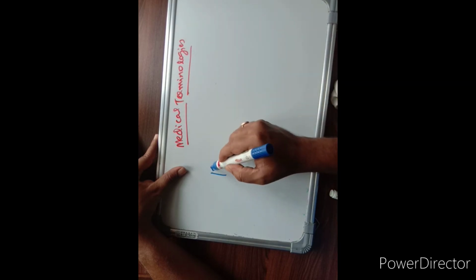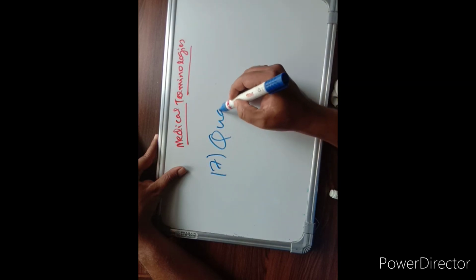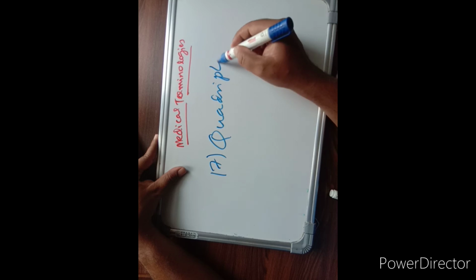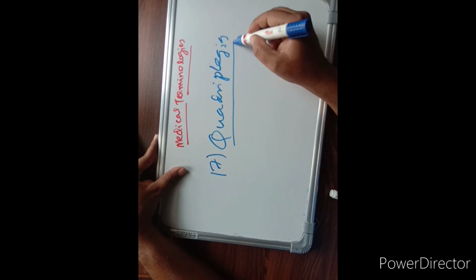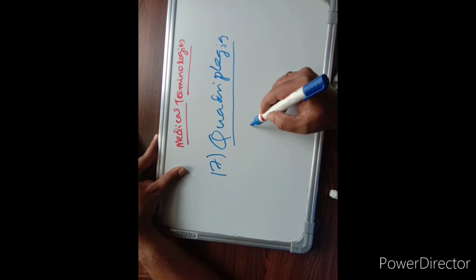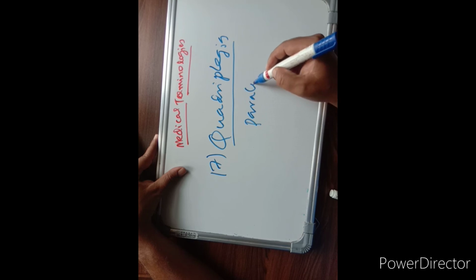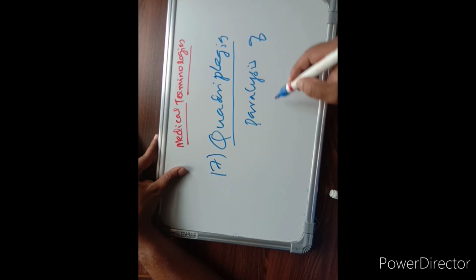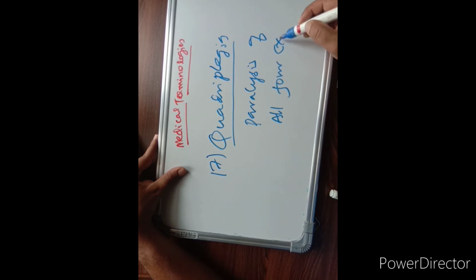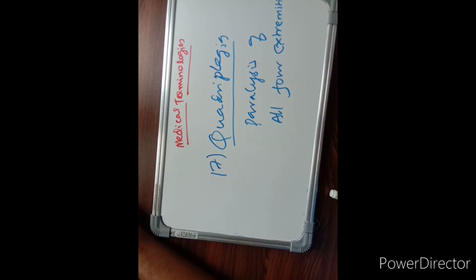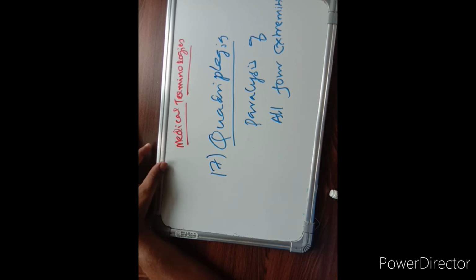Next one is quadriplegia. Quadriplegia is nothing but a paralysis of all four extremities. Whenever there is paralysis of all four limbs, upper limbs as well as lower limbs, it is known as quadriplegia.